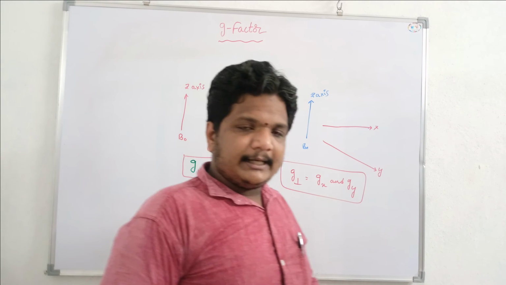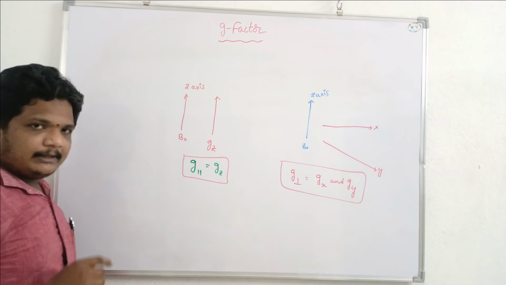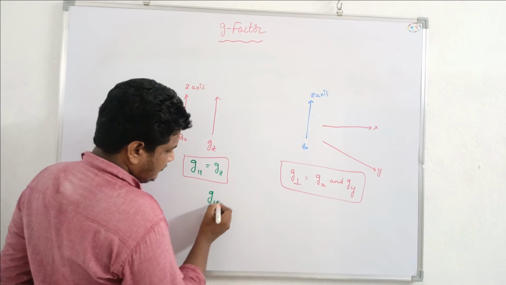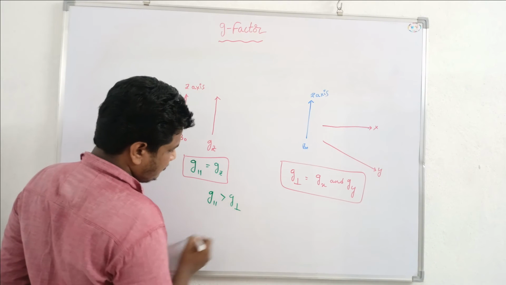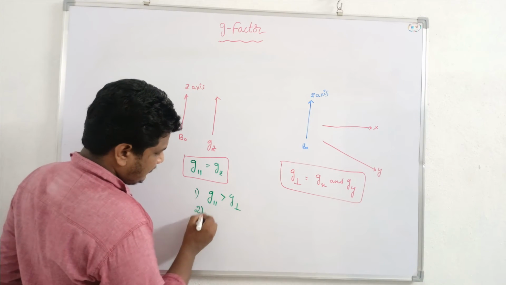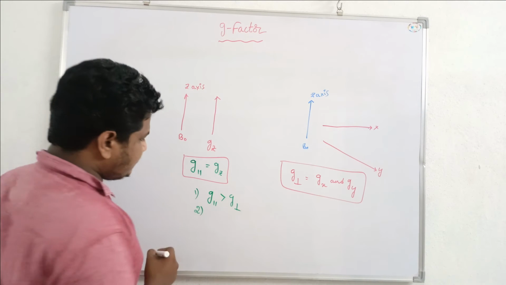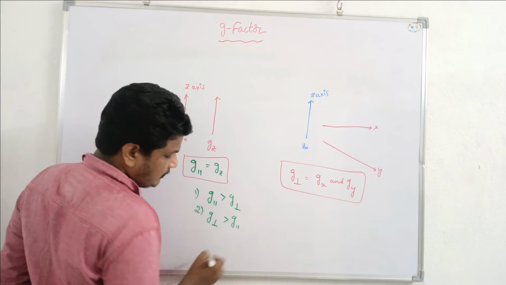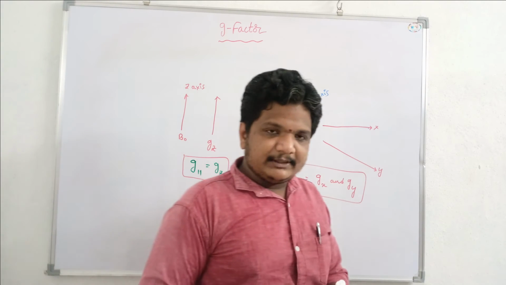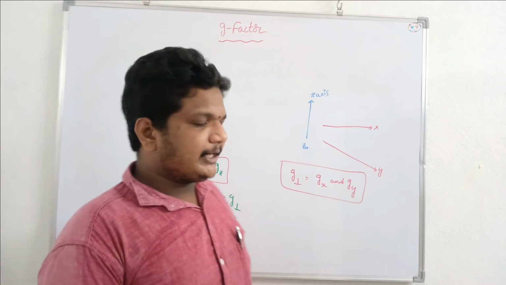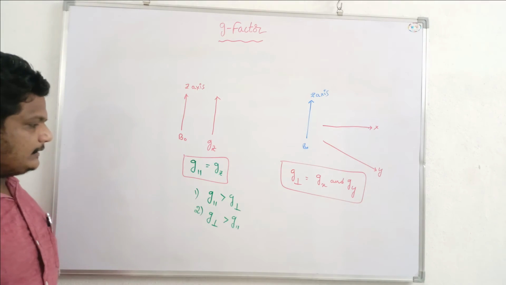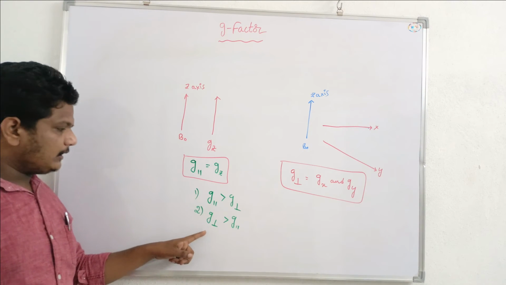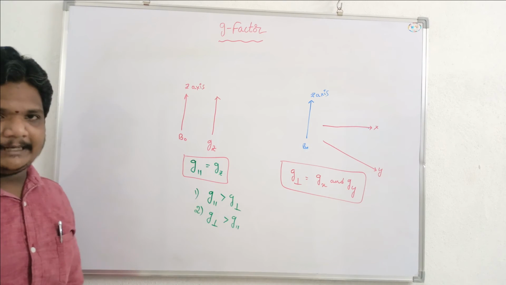So gx and gy is equal to g perpendicular, and g parallel is equal to gz. In our examination, they ask two cases. One is g parallel is greater than g perpendicular, and the second case is g perpendicular is greater than g parallel.